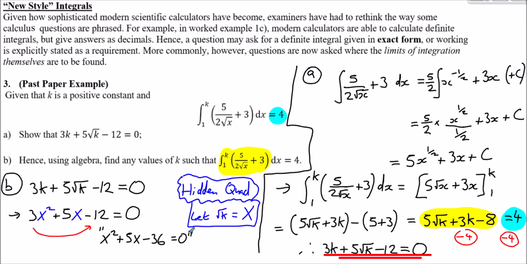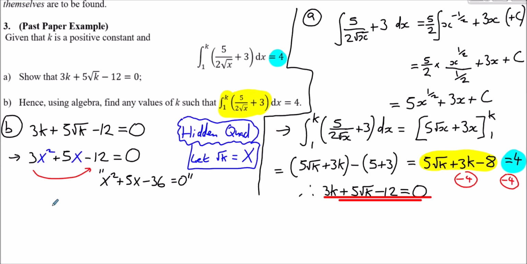I then solve this in the standard way by thinking of two numbers that multiply to negative 36 and add up to 5. The two numbers are 9 and negative 4. So it's x plus 9, x minus 4 equals 0.